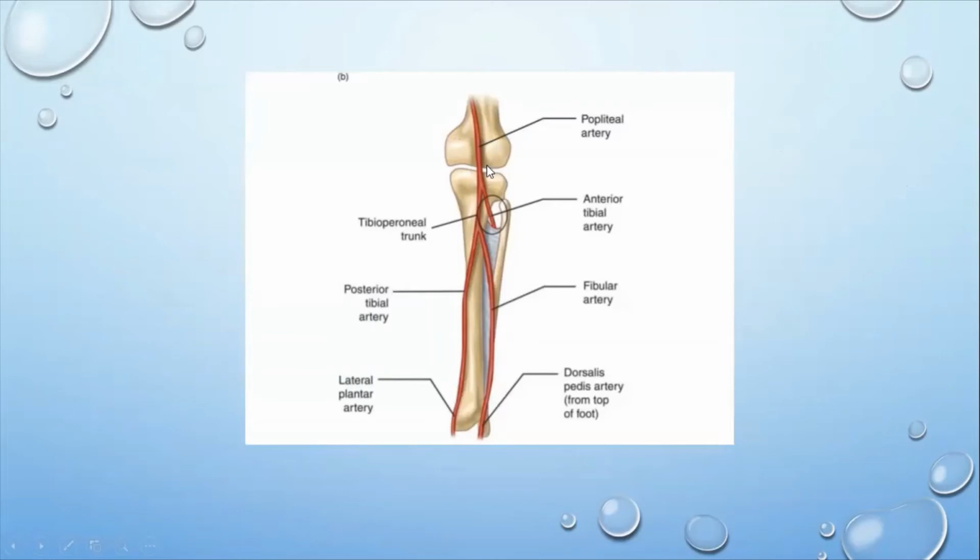I sort of got a confusion in this because there is a tibio-peroneal trunk directly arising from your popliteal artery before it will give the posterior tibial artery. From here, you can see that the tibio-peroneal trunk will give rise to your posterior tibial artery and your fibular or your common peroneal artery.